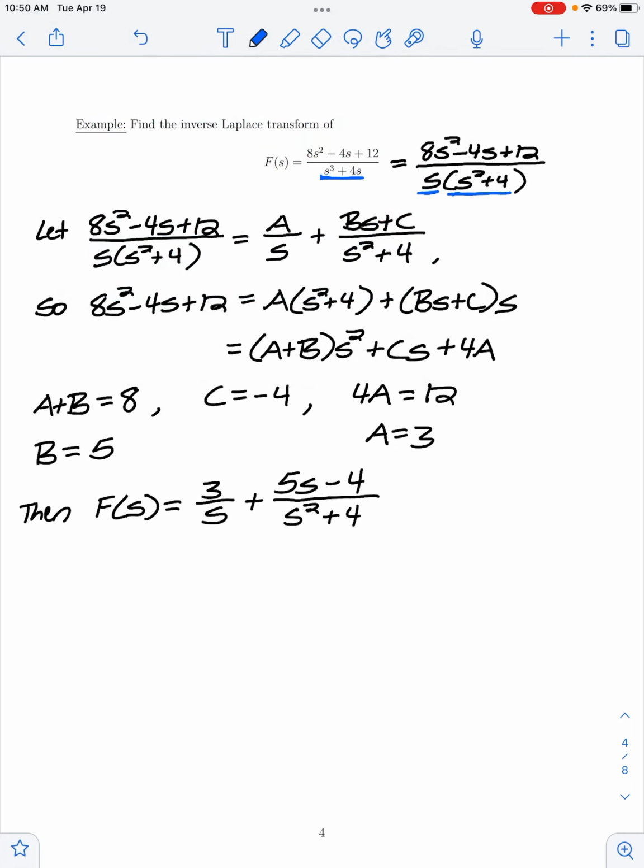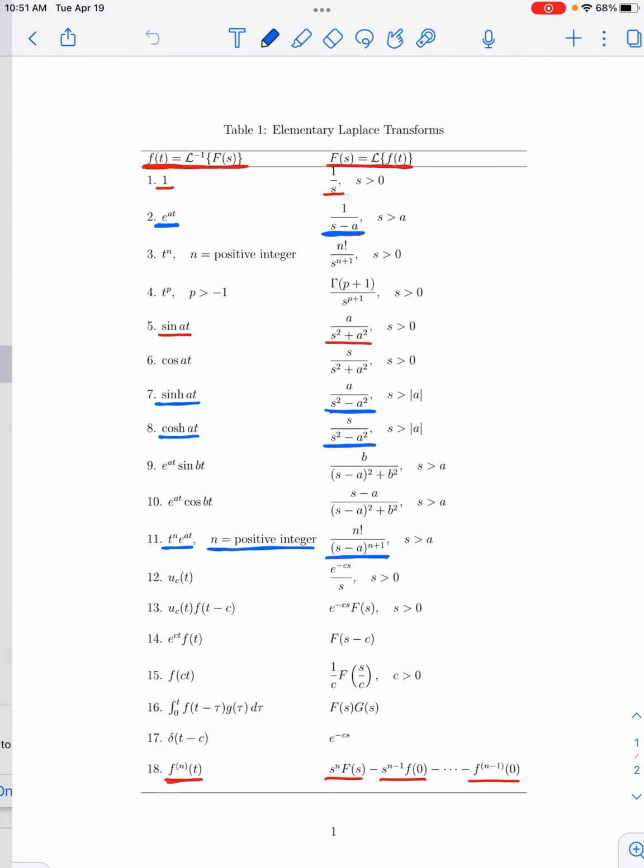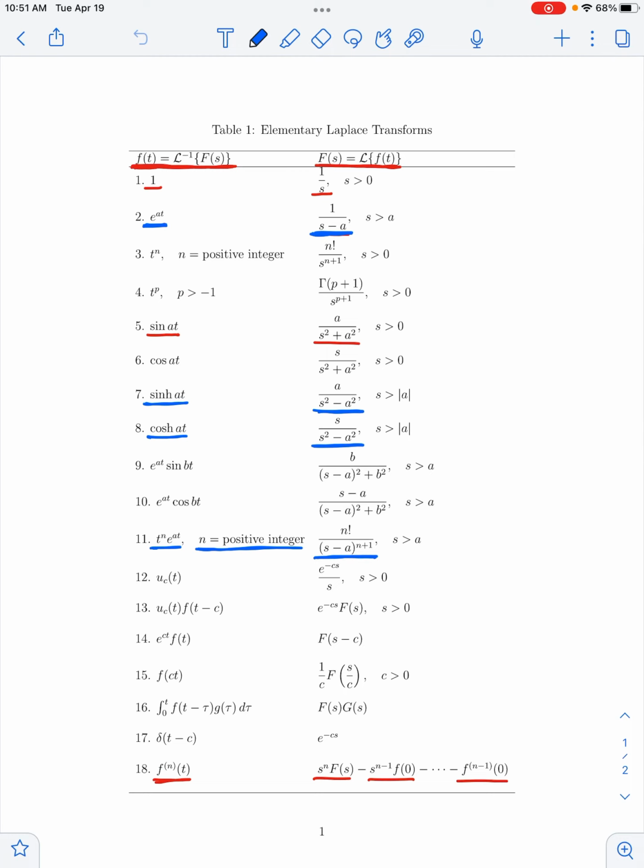And for each of these terms, I have a denominator that is either s or a sum of squares, s squared plus 2 squared. So looking at my Laplace table, I'm going to be making use of property 1, where I have a denominator that is simply s, or properties number 5 and 6, where my denominator is a sum of squares, s squared plus a squared.